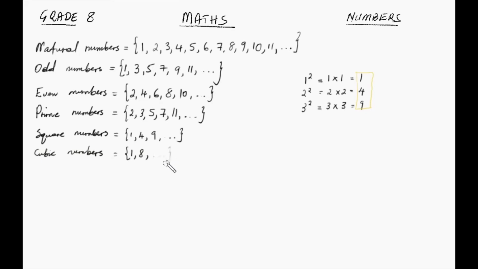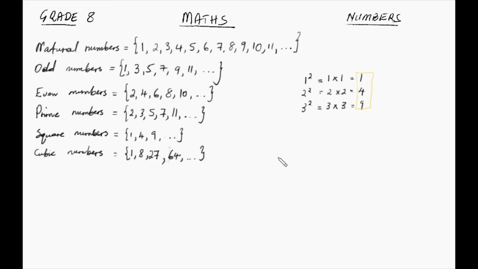Now, this is it. I think we have 27 here, and then we have 64 here, and so on.